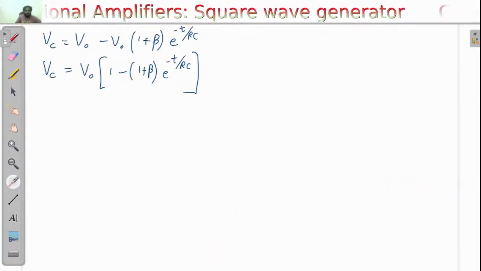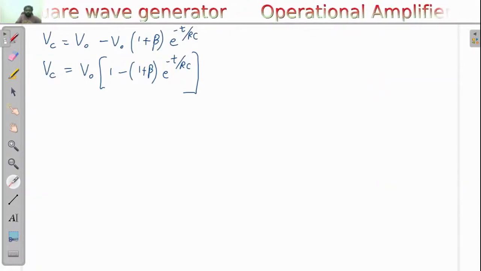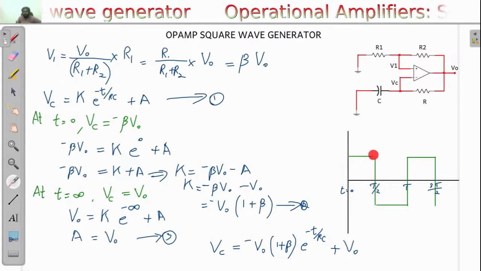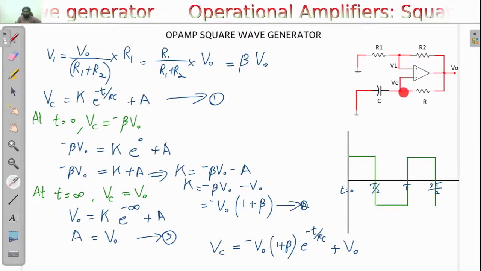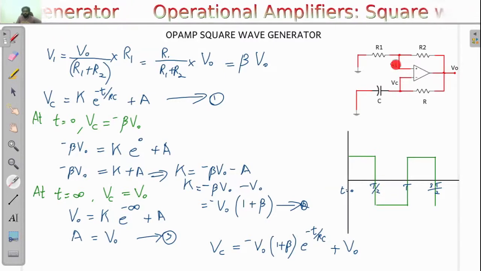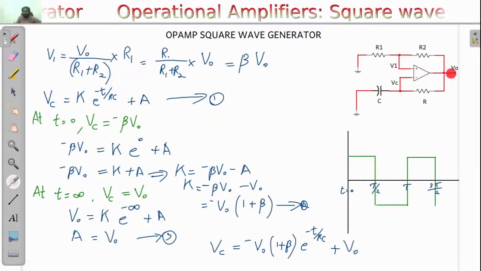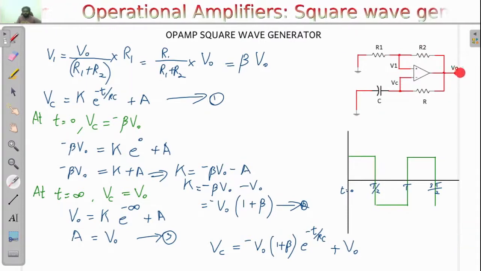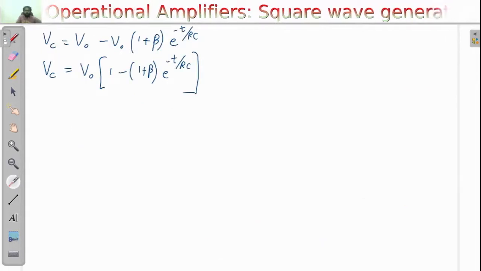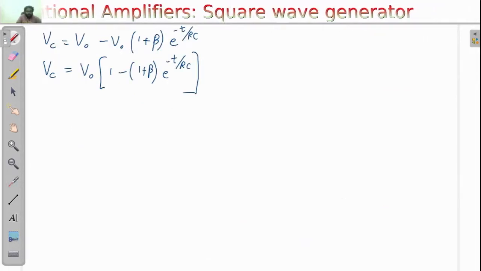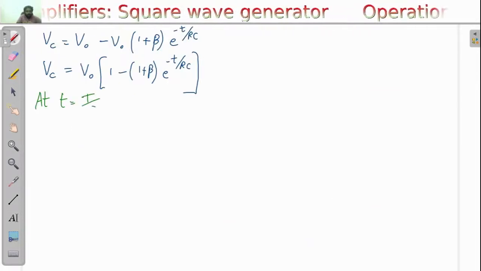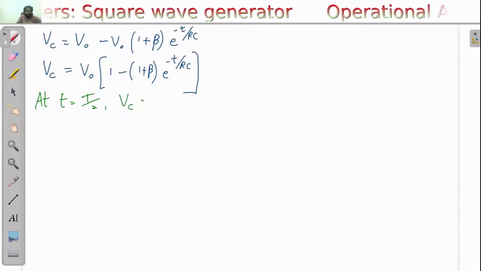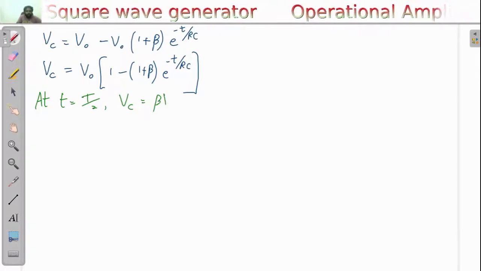At t equal to T by 2, the voltage at this point has reached almost equal to beta times the output voltage. So we will be writing at t equal to T by 2, our VC is equal to beta times VO.